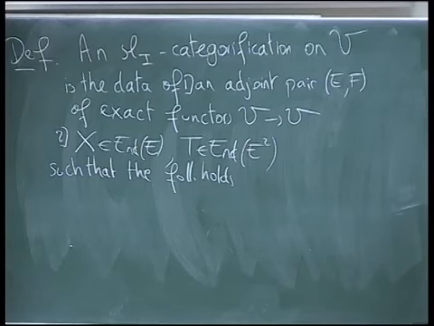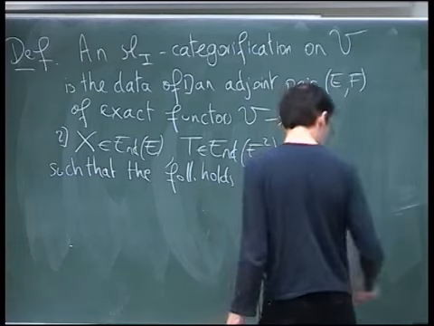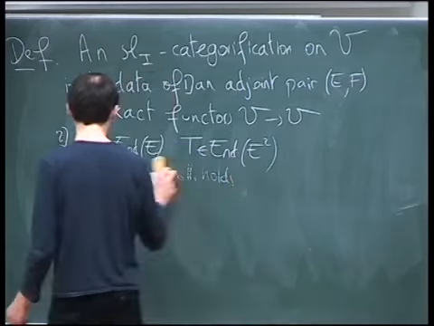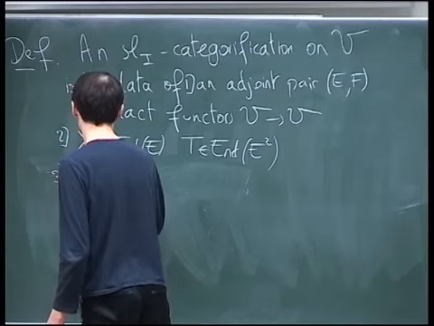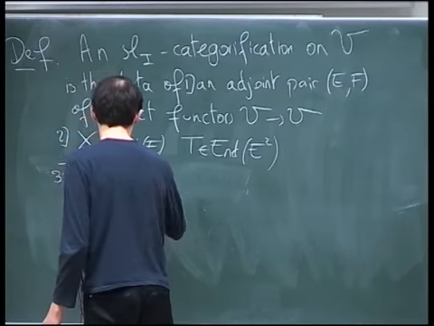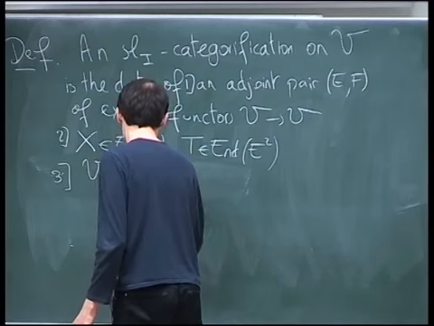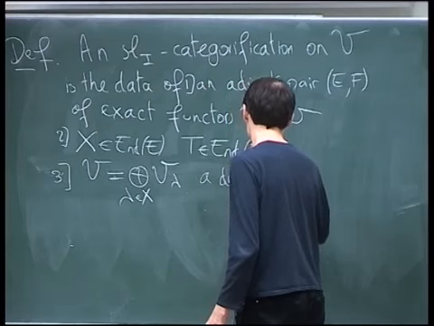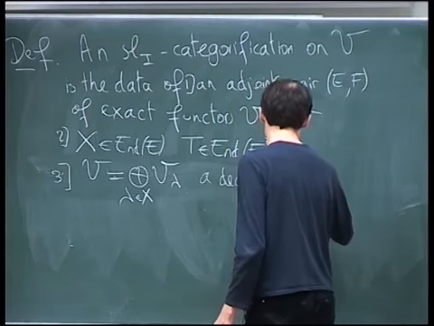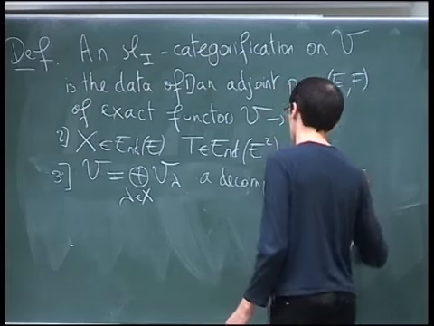There are two versions. I probably won't have time to do both versions, so I'll do the easier version, which is I will also assume that there is a decomposition, such that.